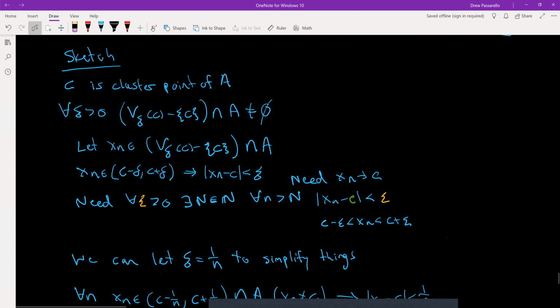So the sketch: let C be a cluster point of A. That means for all delta, the delta punctured neighborhood around C, that's B subscript delta of C, the delta neighborhood around C, subtract out C, that's the punctured neighborhood.